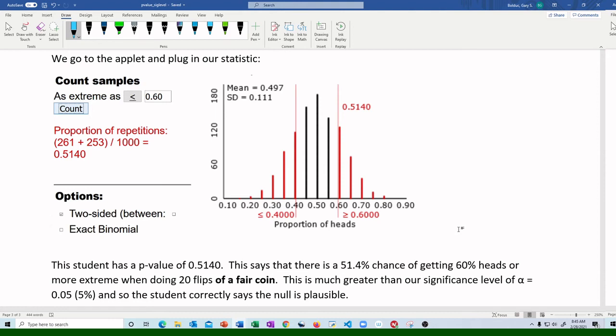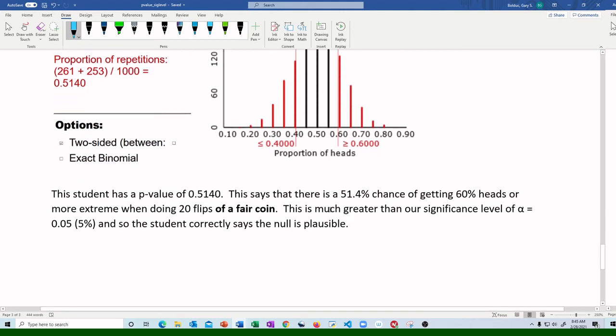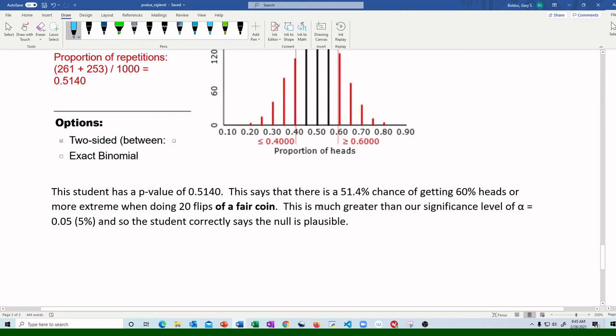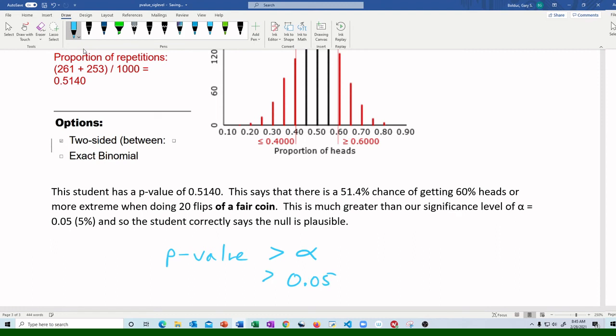So how do you know how to use this p-value then? Well, my p-value, in this case, is greater than my cutoff by a lot. If my p-value is greater than my cutoff, I am happy to say null is plausible.